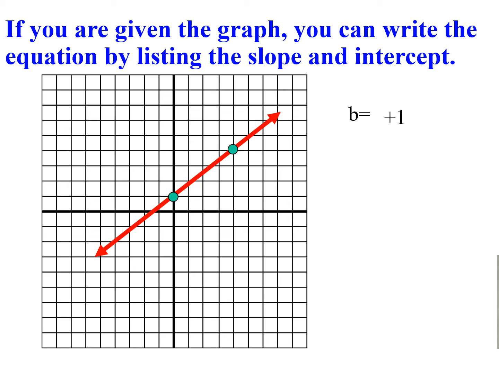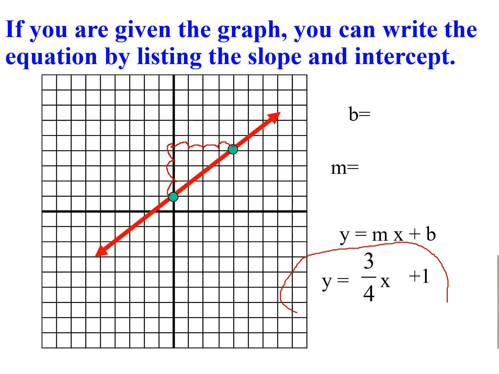What is the slope? What's the rise and the run? You get on here and count it, just like we've been doing. 1, 2, 3. 1, 2, 3, 4. 3 over 4. So, take your equation, y equals mx plus b, and plug in the m and plug in the b. And that's your whole equation. That's all you're writing. It's like a formula for that line.